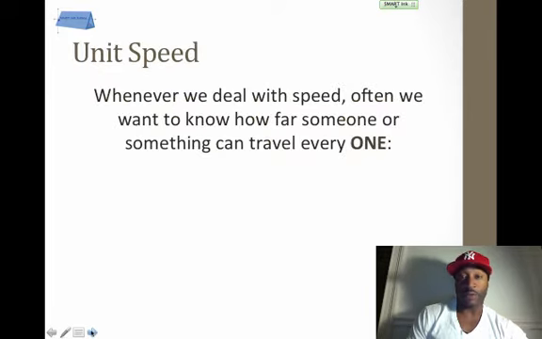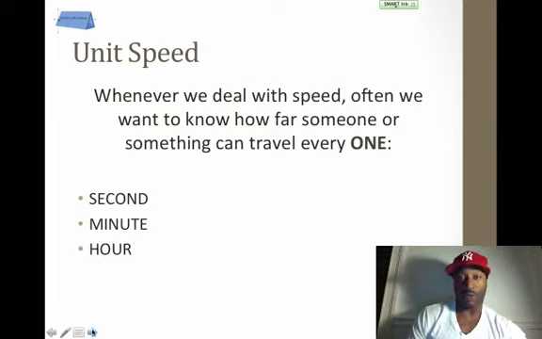Okay, so first let's talk about unit speed. Whenever we're dealing with speed, we often want to know how far someone or something can travel every 1 second, every 1 minute, or every 1 hour, or even every 1 millisecond, depending on what we're talking about. Now, when I say someone or something, let's talk about a jogger.